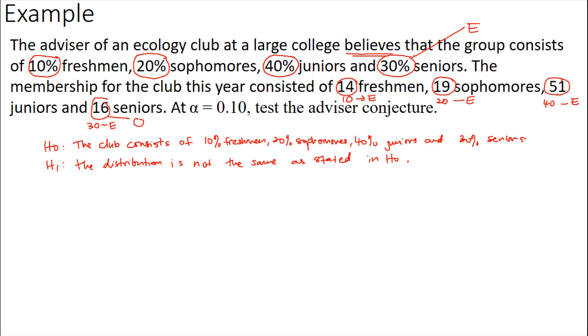So second step, we calculate the chi-square test statistic: the sum of observed minus expected squared divided by expected.